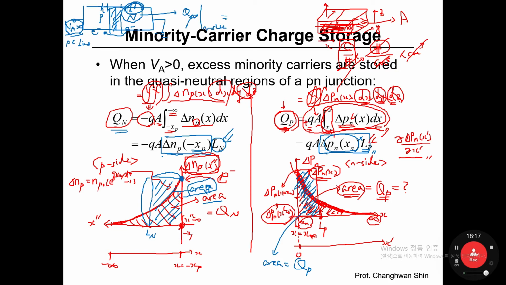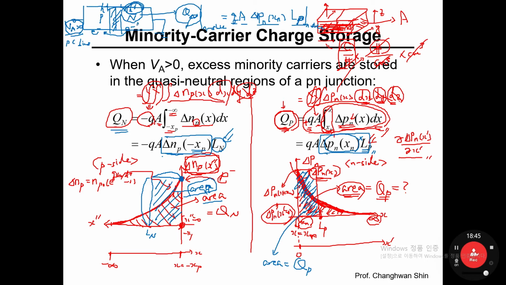So that was q times A times the initial value of excess hole concentration at the edge of the depletion layer times Lp, the hole diffusion length in the n side, right? So q, A, initial value, and diffusion length indicate the minority carrier.